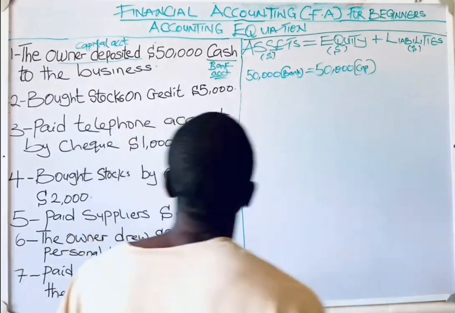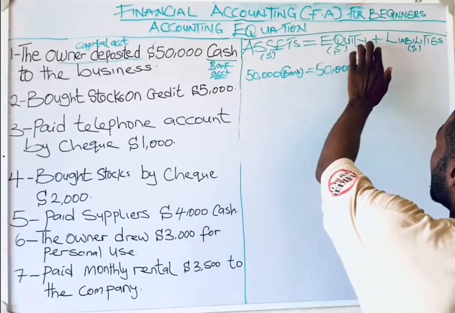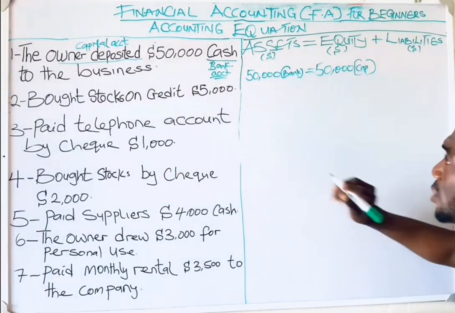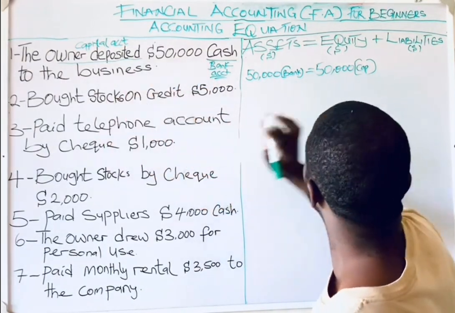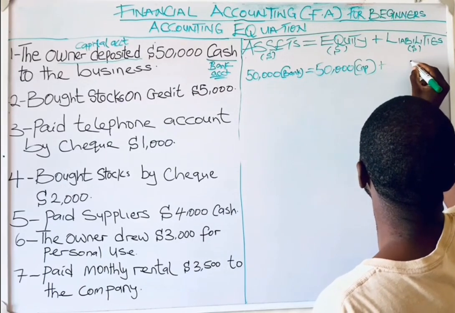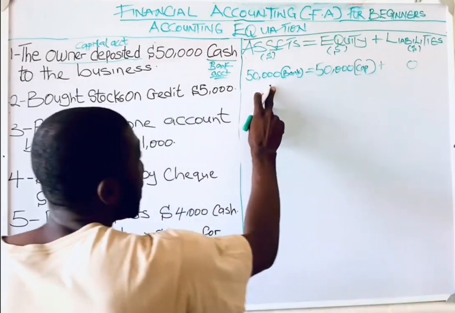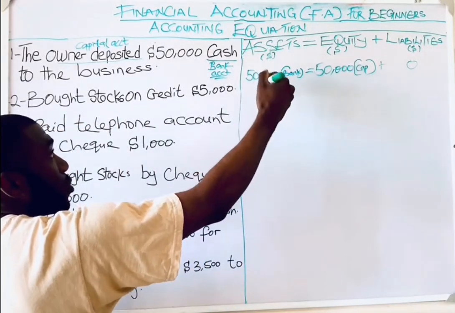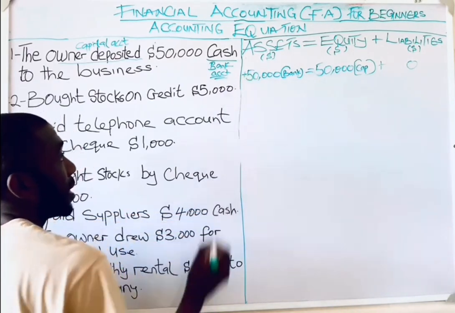So now, do we have any accounts here apart from assets and equity that will fall under liabilities? No, these are the two accounts identified. So our liability is 0. And don't forget, your bank balance is being deposited, so it is a positive balance.